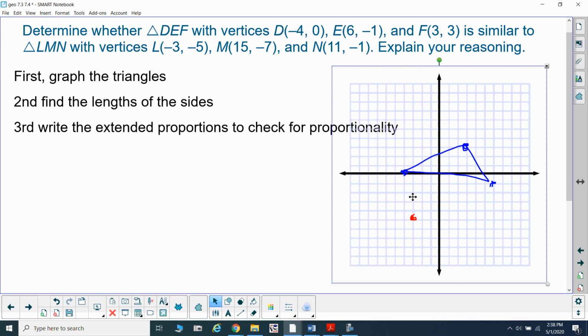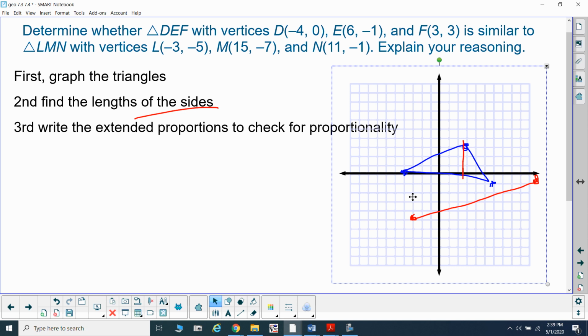Well, look at that. So of course my thing only goes to 10. So let me do the 11, negative 1. So 11 over negative 1 is going to be right here, let's say. But I can still figure out the lengths without having it, I guess. Let's do it on the blue triangle, which is easier.